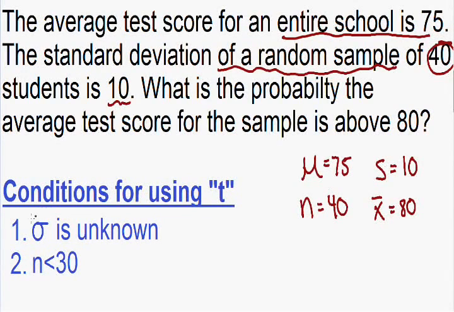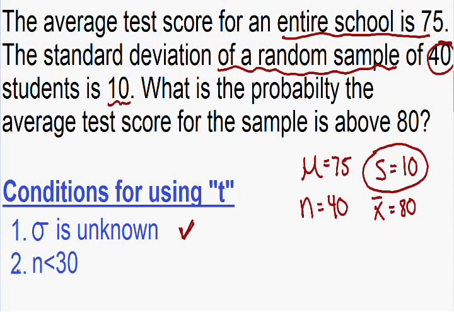So now what's our first condition again? Our first condition is that the population standard deviation is unknown. That condition is actually met because we don't actually know our population standard deviation. We were given our sample standard deviation, but we were never given our population standard deviation. So our first condition has been satisfied.